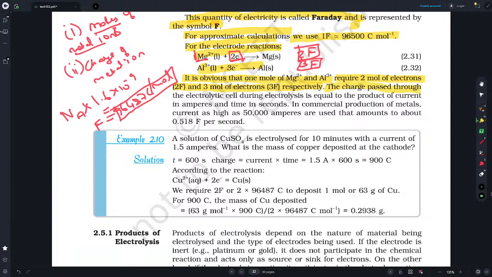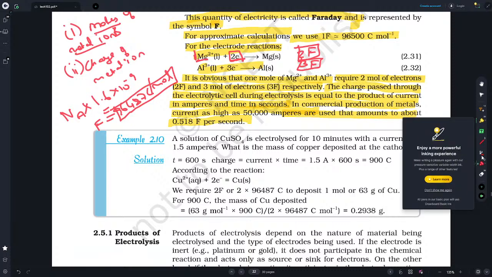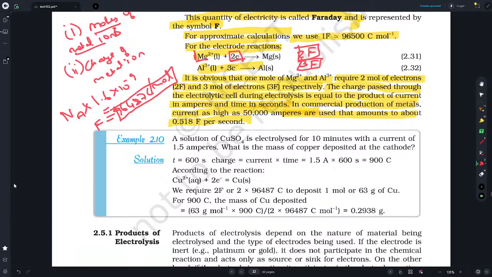The charge passed through the electrolytic cell during electrolysis is equal to the product of current in amperes and time in seconds. In commercial production of metals, currents as high as 50,000 amperes are used, which amounts to about 0.518 Faraday per second.